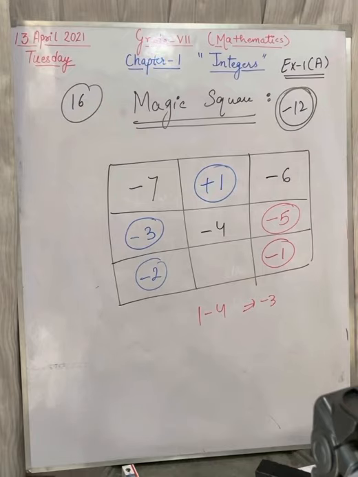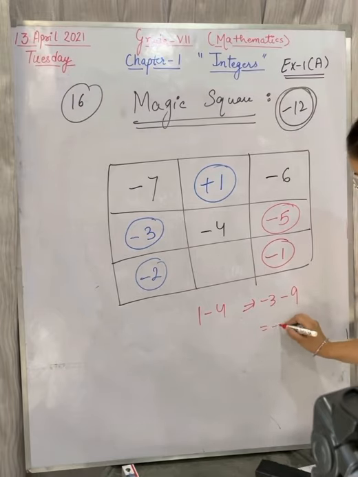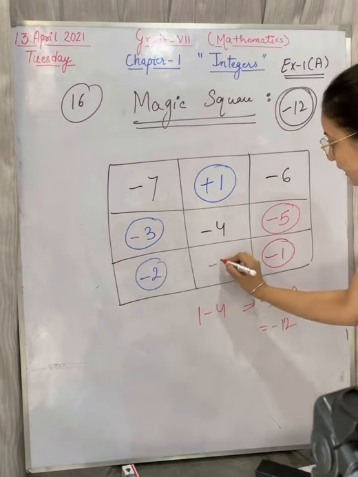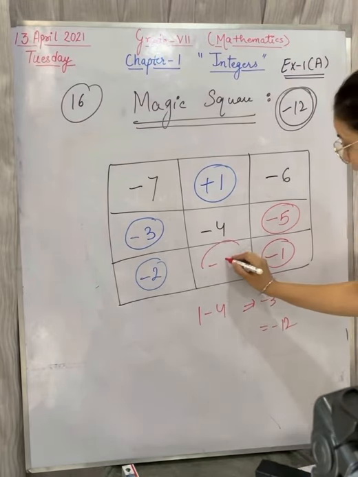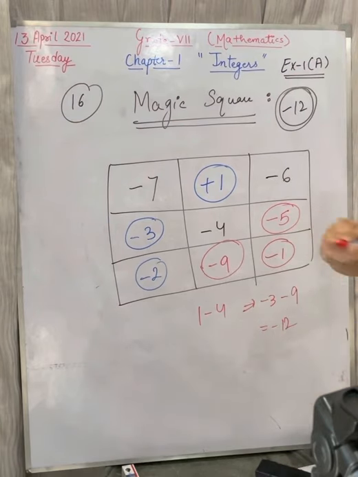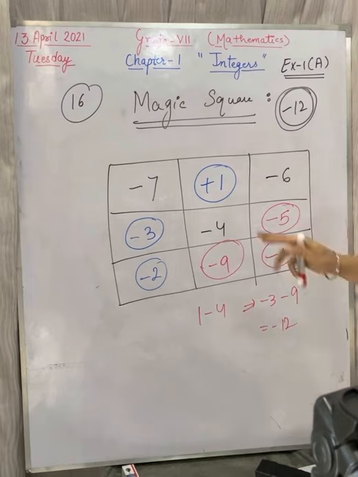Very good, Rochelle. It is minus 9. If I add minus 9 here, it will be equal to minus 12. So this is my answer. Got it, all the answers?